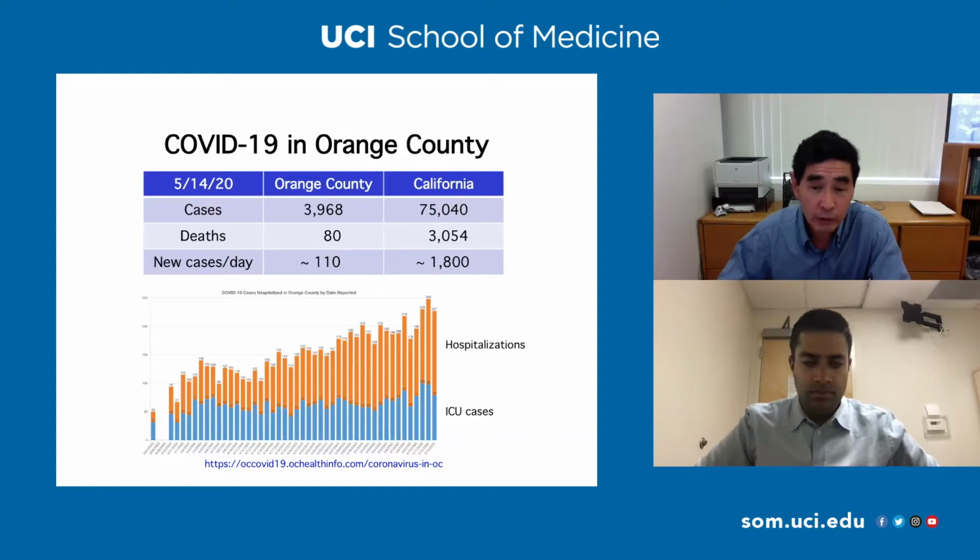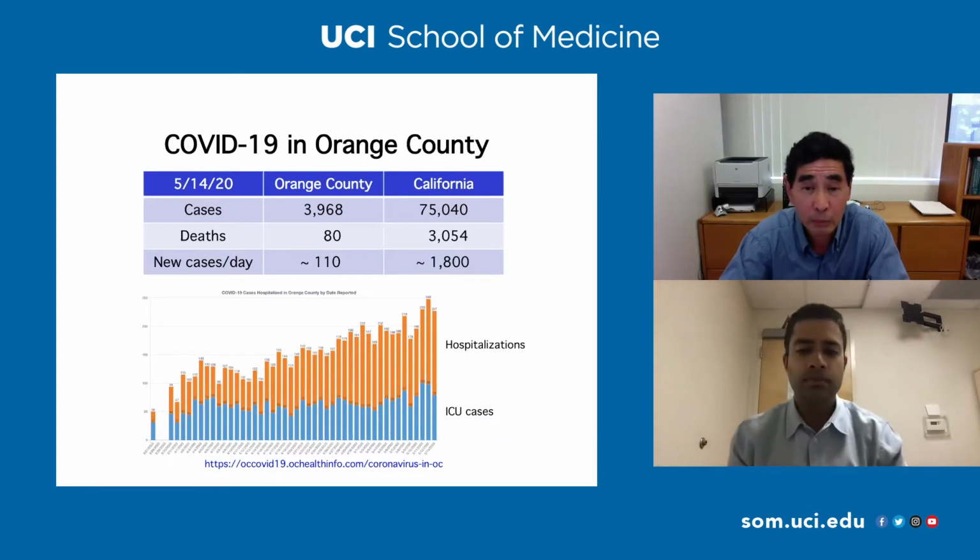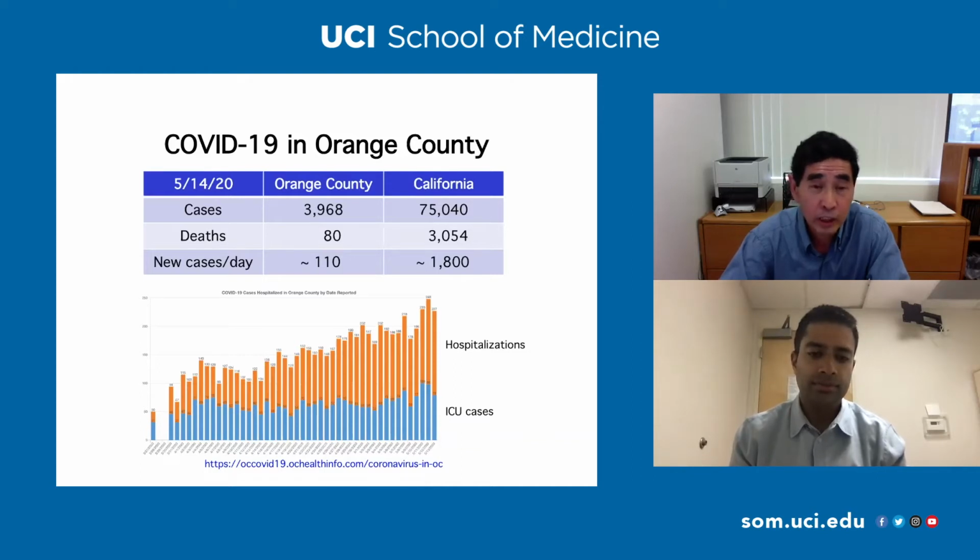For Orange County, you can see in orange, the number of hospitalizations is going up slightly, but not tremendously. This is data from the Orange County Healthcare Agency, which is our public health department. They have a very good website, and they give a daily track of the number of cases, even down to individual cities within Orange County.